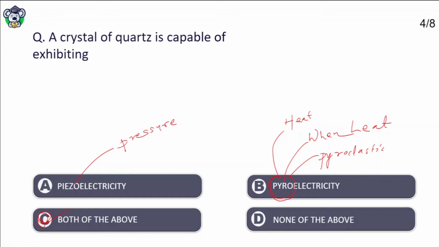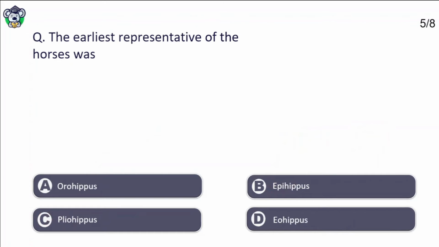Okay, the earliest representative of the horses was Orohippus, Epihippus, Pliohippus, Eohippus. The right answer is Eohippus. This is primitive, okay? It's the ancestor of the horses. This is Eohippus. These questions come, okay? You should remember it.